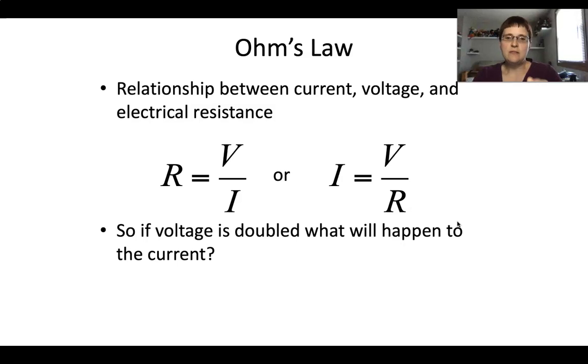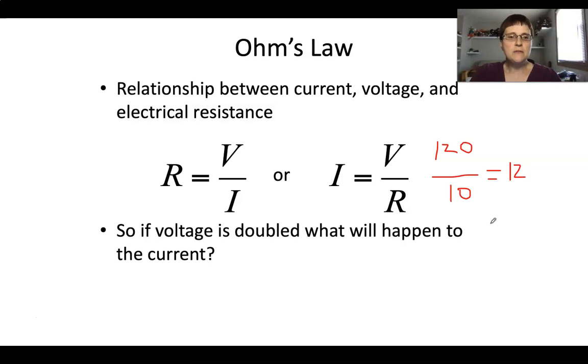So what if the voltage is doubled? What will happen to the current? Let's take a look. Let's grab a pen. Let's say we have a voltage of 120, because that's a standard voltage, and we have a resistance of 10. So 120 divided by 10 is going to get you a current of 12 amps.